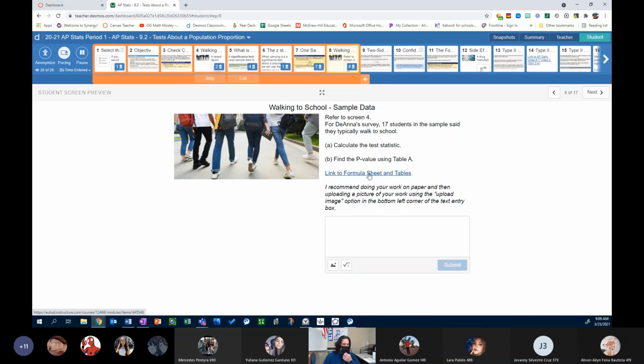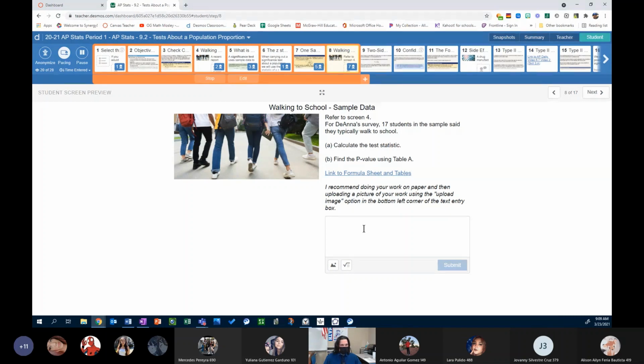I have a link to the formula sheet and tables right here. It should link into Canvas, where that page will pop up with the formula sheet, and table A is on there. You are welcome to type in your responses in the entry box here, or you can use the upload image button, do your work by hand, and take a picture of it.